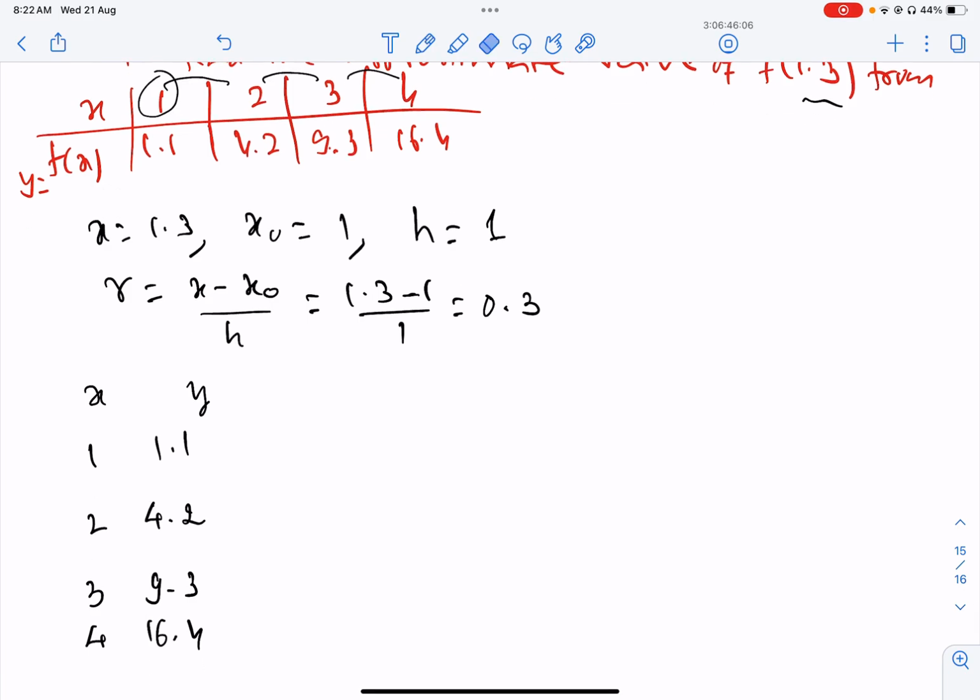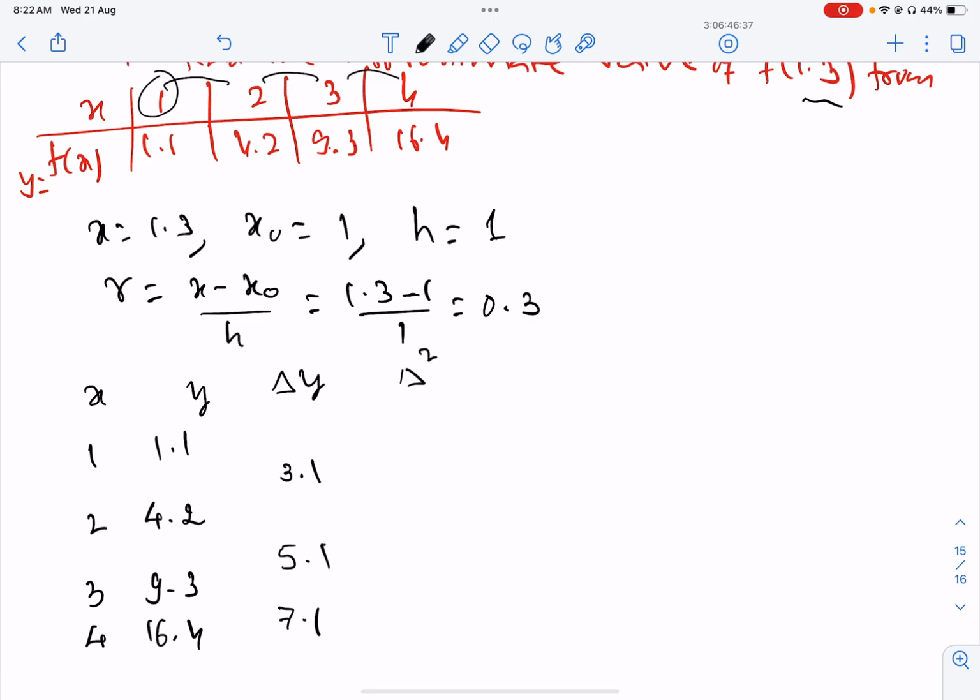Now the first forward difference: 4.2 minus 1.1, so in between you write 3.1. Then 9.3 minus 4.2, so you have 5.1. Then 16.4 minus 9.3, so you have 7.1.